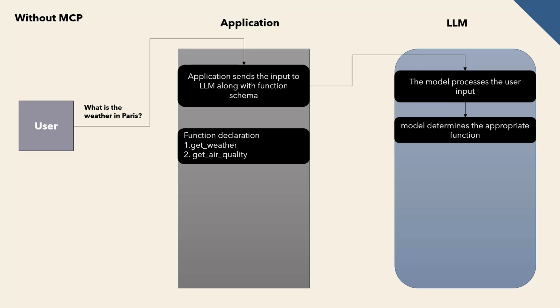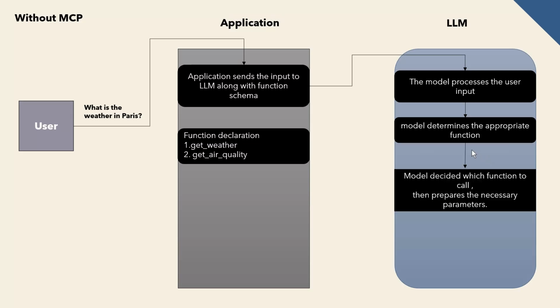So you have to send this every time along with the user query. Based on the function schema, the LLM will identify which appropriate function would actually fetch the correct results.